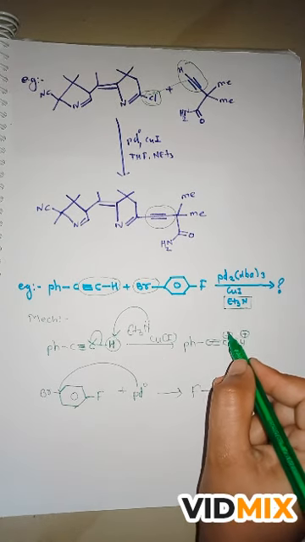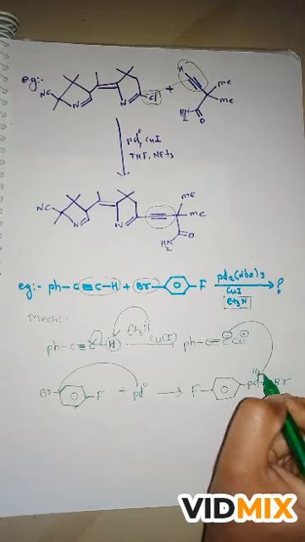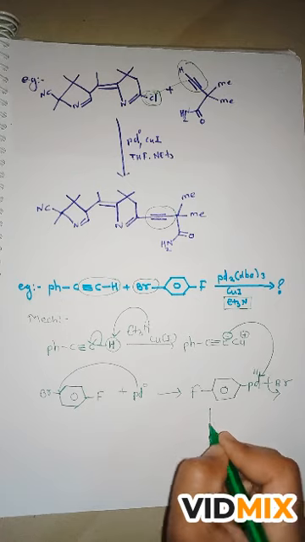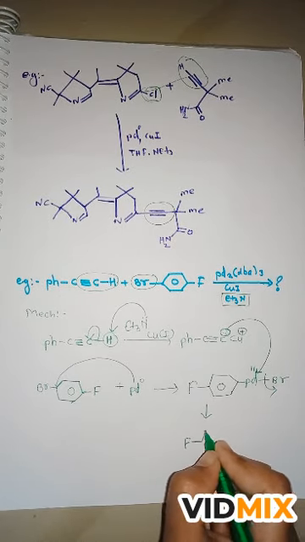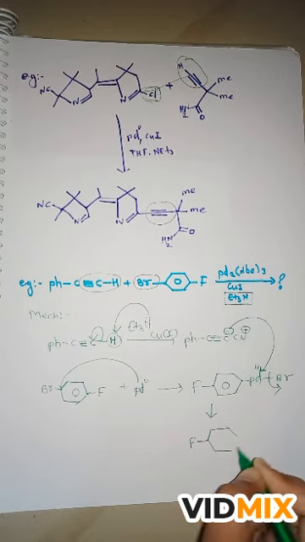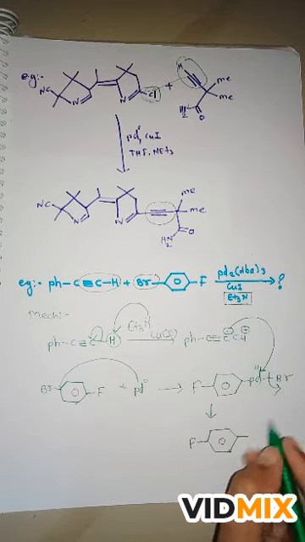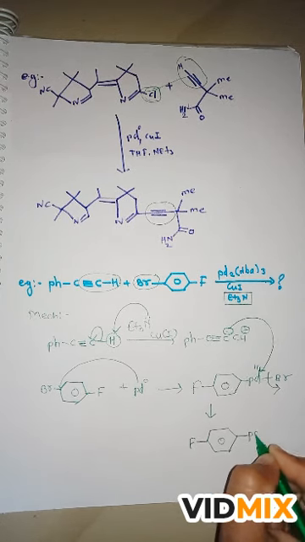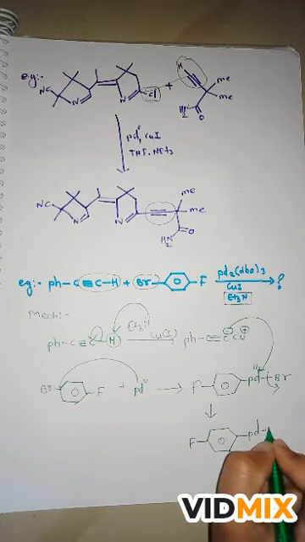In the next step this C minus attacks this palladium with the removal of Br, and in the next step the palladium remains, and this C triple bond C Ph is attached here.